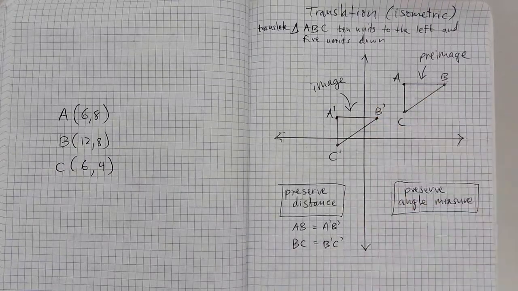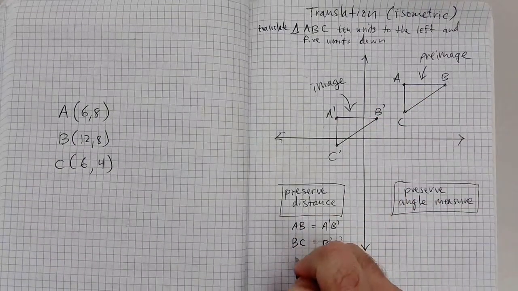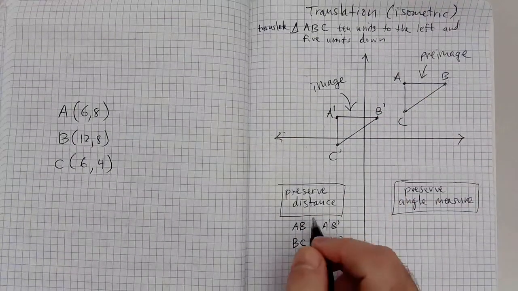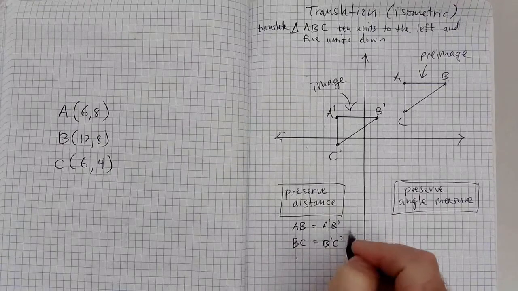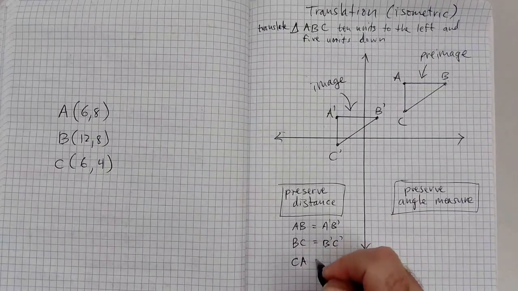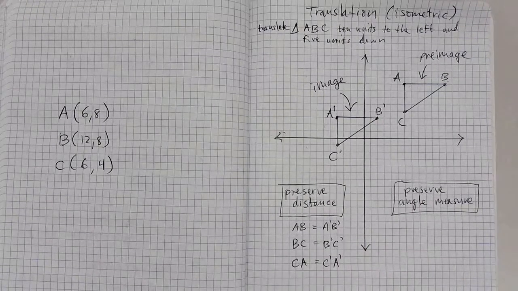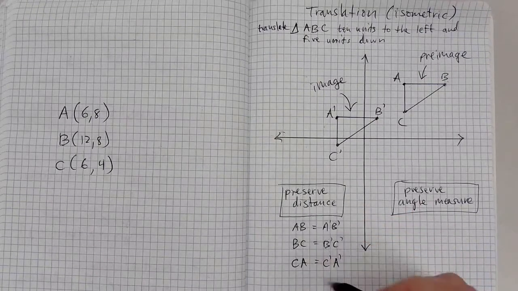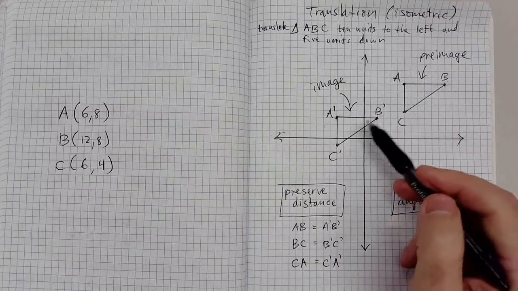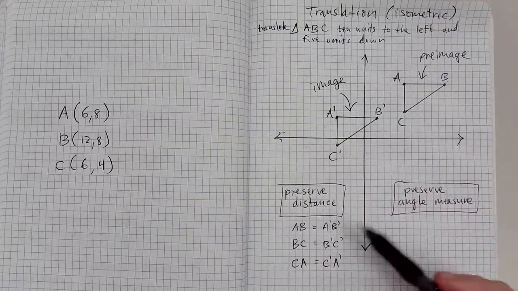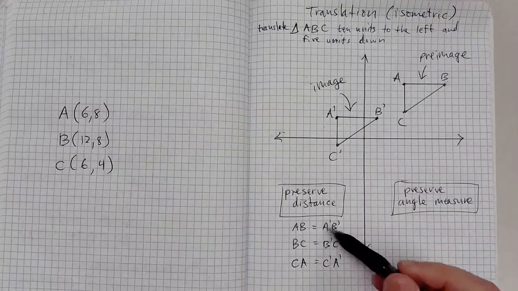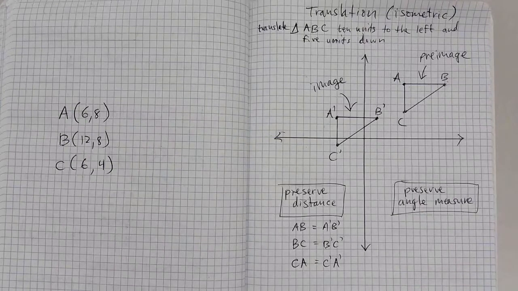So I'm going to write that as CA equals C prime, A prime. Okay, so there are only 3 sides to a triangle, so it makes sense that there are 3 measurements that are equal. Okay, what about my angle measure?